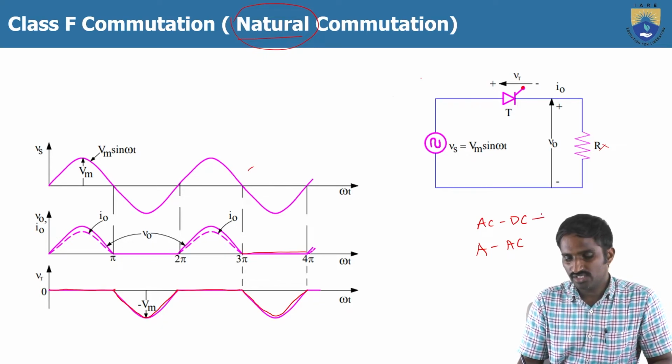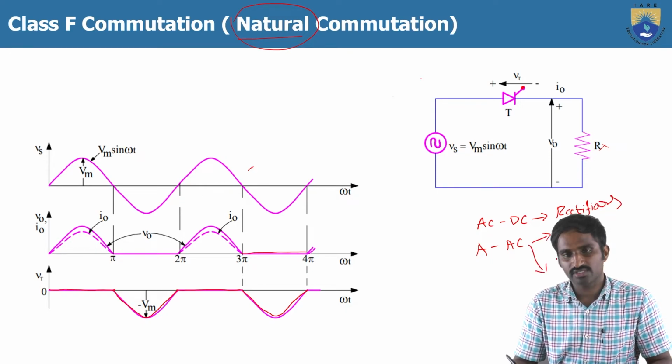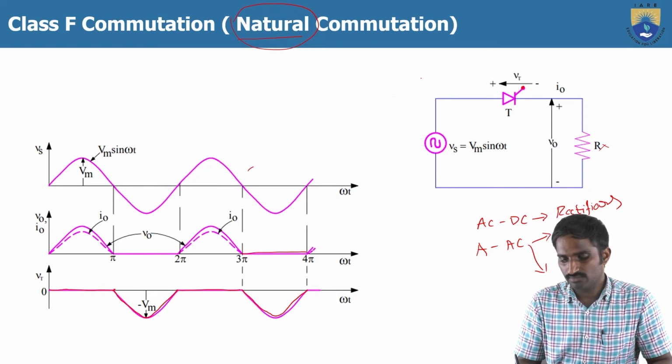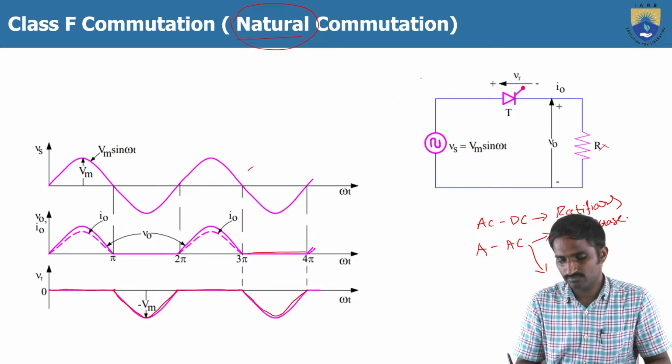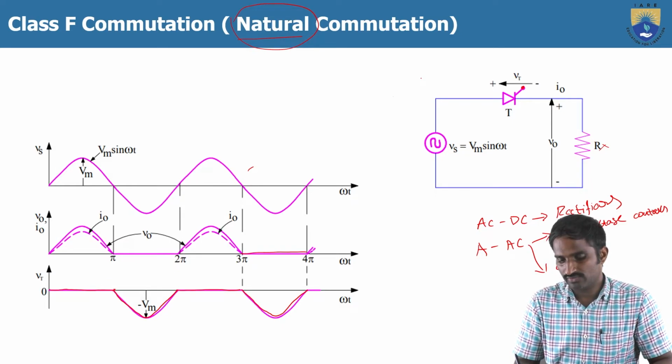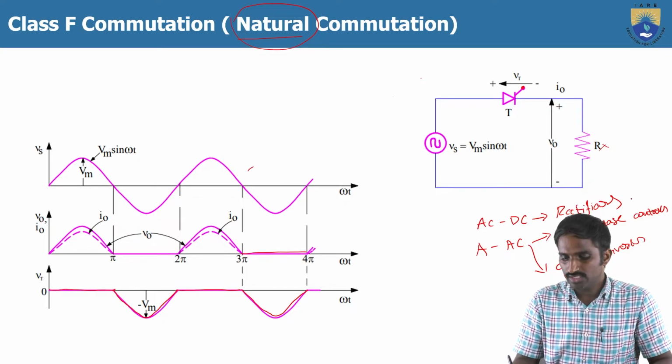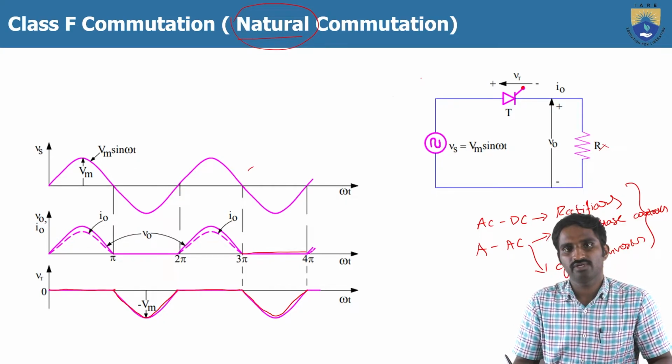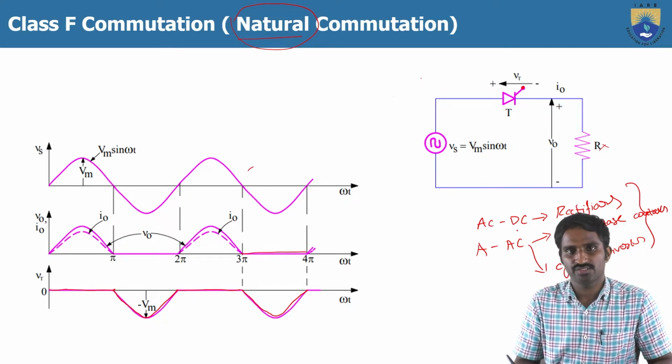AC to DC converters are rectifiers, and for AC to AC converters there are two different types: one is the AC voltage controller, and another one is the cycloconverter.